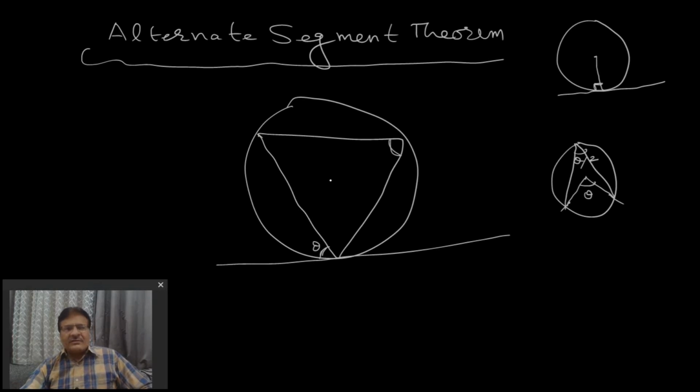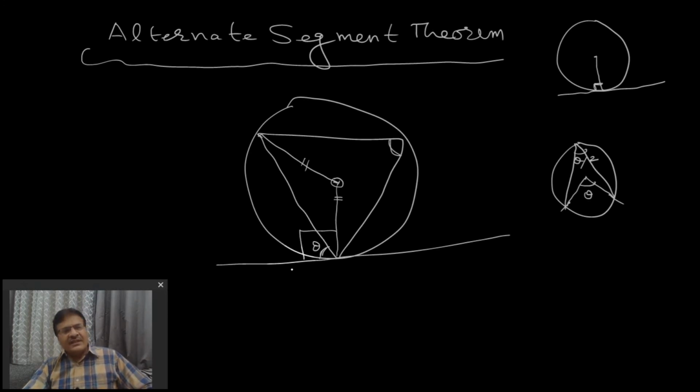Now tell me one thing, suppose this one is the center of my circle, and if I join from here and from this point, then this one is my center and these are radii, so these two radii are equal, yes, no? Now as I told you, the radius is perpendicular to the tangent, so this angle is 90 degrees. You would agree with that?